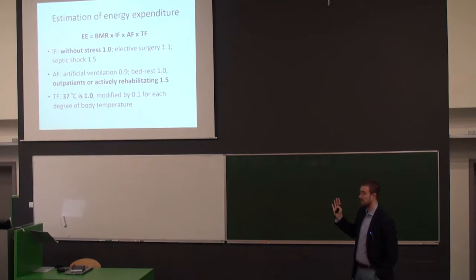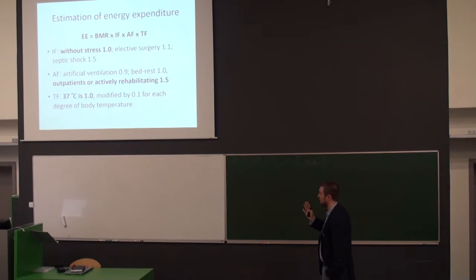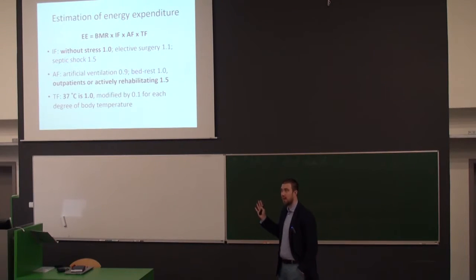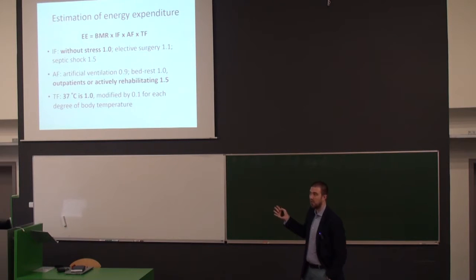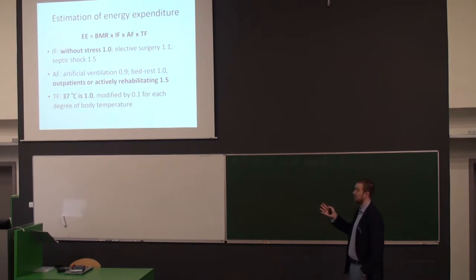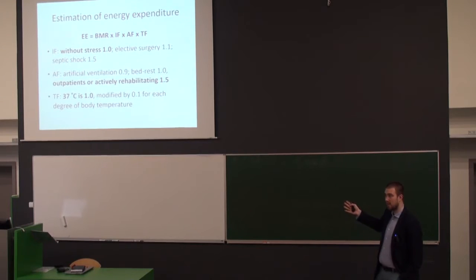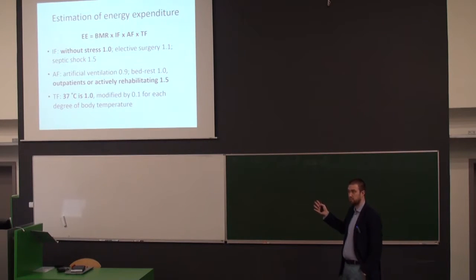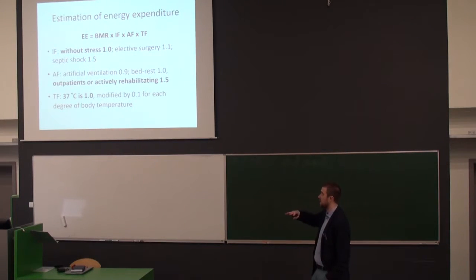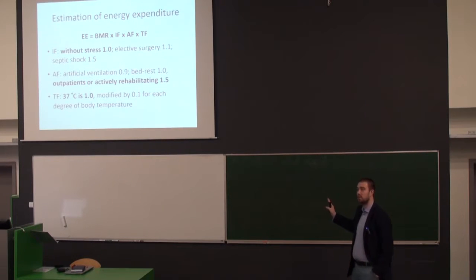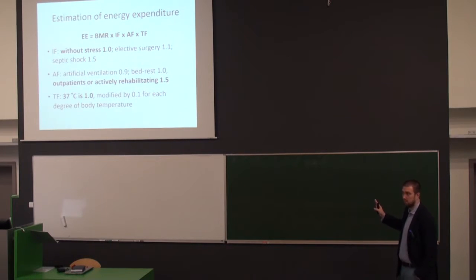And this is a very simple way to evaluate the energy expenditure if you have a patient whom you cannot ask anything, and then you can prescribe the nutritional interventions. So you estimate the basal metabolic rate, then you multiply it by 3 numbers. You will gain the final amount of calories that the patient should have, and at that time you will prescribe adequate nutrition for him.